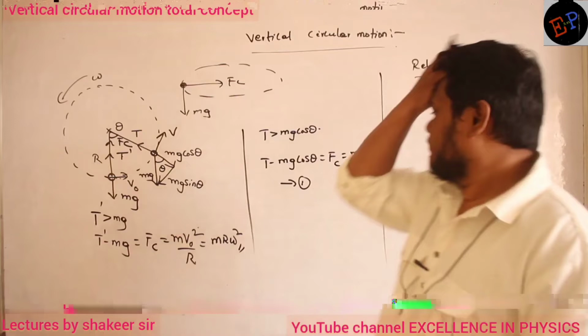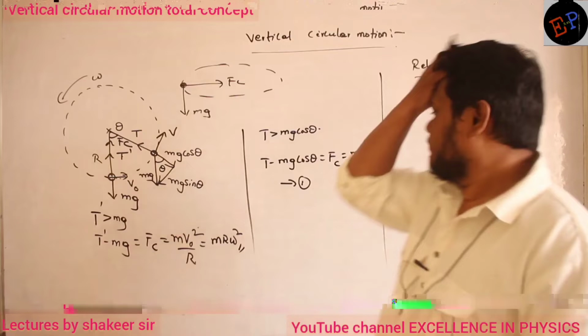Similarly, let us calculate the beta value. Beta means where tension will become 0. So beta is cos inverse of (2gl minus u square) divided by 3gl. Now substitute: beta is cos inverse of 2gl minus, the initial velocity being root 2gl, whose square is 2gl, divided by 3gl.